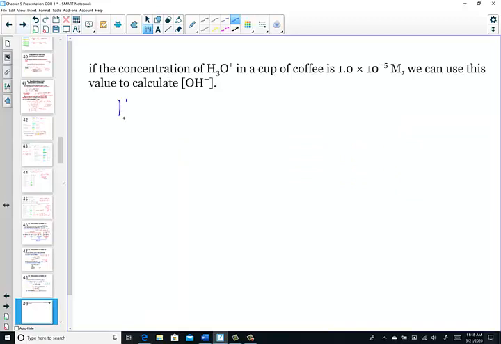Here's what we know. Kw is equal to the concentration of the acid ion times the concentration of the base ion, and we know Kw is a constant and that it always is 1 × 10^-14. Always. That's the term constant.